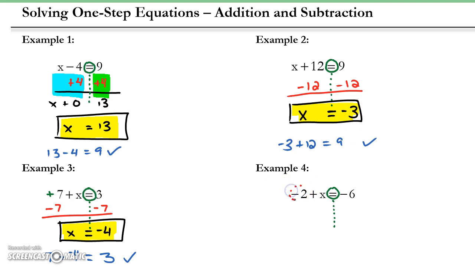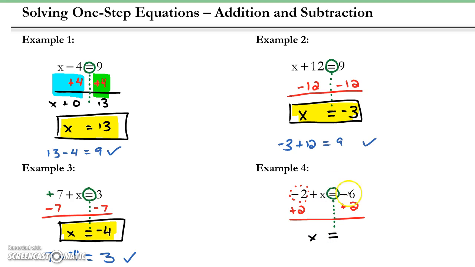I'm focused on all of this. If I want to move a negative 2 to the other side, I need a positive 2. That will cancel my 2's. I would need the same exact positive 2 on the right-hand side. A negative 2 plus 2 is 0. That term goes away. X is the only thing left on the left.